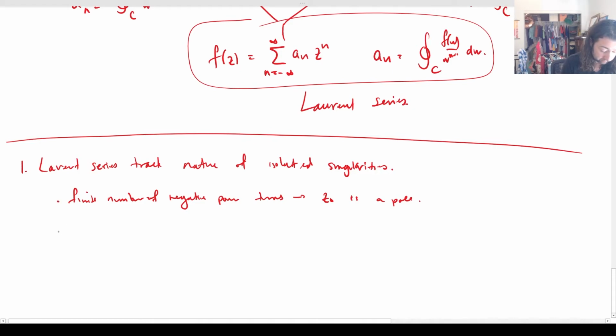Right, that's one thing. Second thing is infinite number means essential. So if you have an infinite number of negative power terms, then you're at an essential singularity.